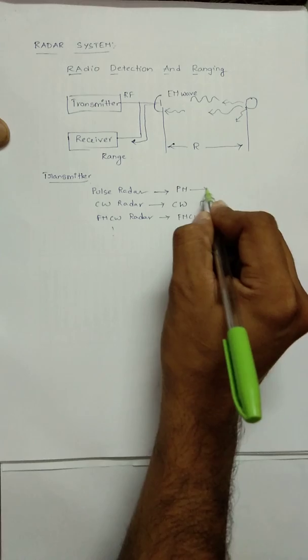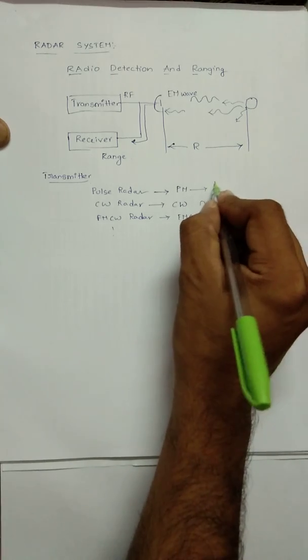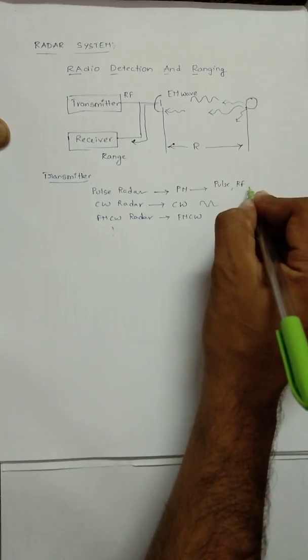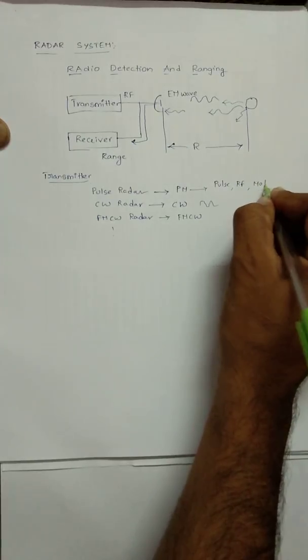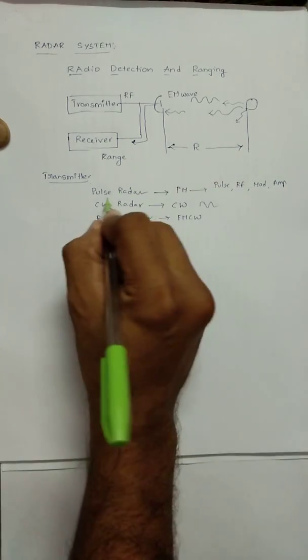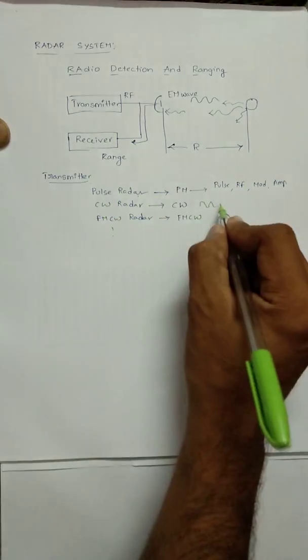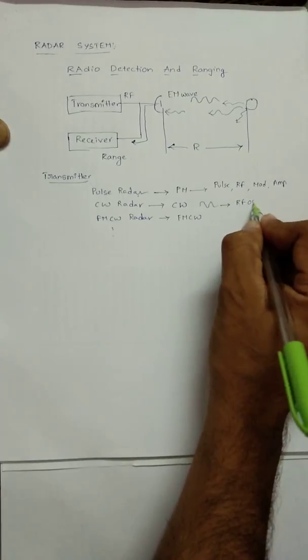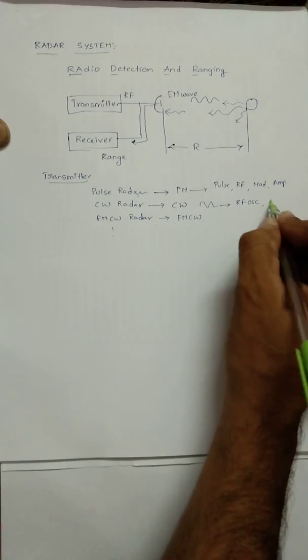So in the case of the pulse modulator, we need a pulse generator and we need an RF signal generator and modulator and then an amplifier. These are the transmitting section blocks in the case of pulse radar. In the case of CW radar, we need an RF oscillating signal generator and an amplifier.